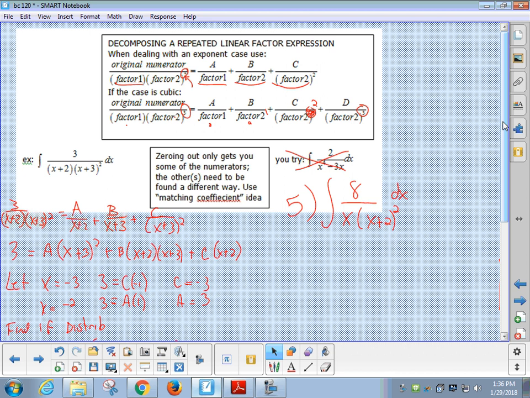Did this go okay, or should we go over it? Talk to me, people. Anybody not get the answer on 5?